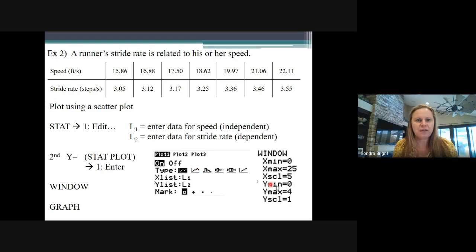Same thing with the Y's. I could have done not from 0 to 4, but I could have went from 3 to 4 and done a smaller scale. The other thing I could have done is if I hit zoom and then 9, it says zoom stat, that really zooms in to just that window. So if you're curious how the heck did I come up with those window values and what did I do to get those?